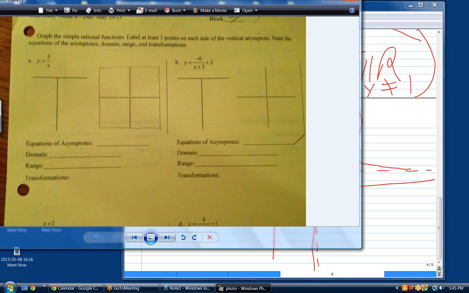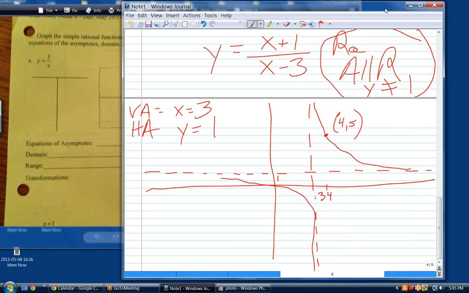State the transformation. I had a horizontal shift right 3 and a vertical shift right 1 maybe, or a vertical stretch of 1.